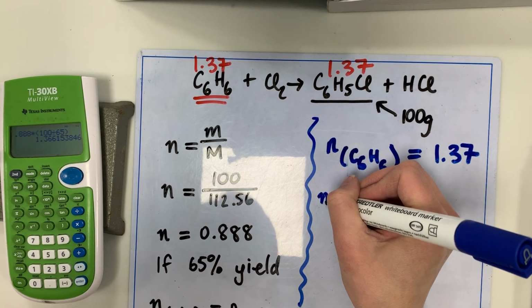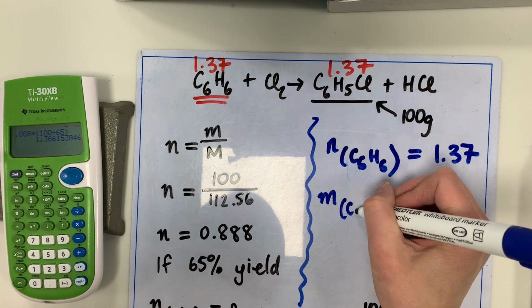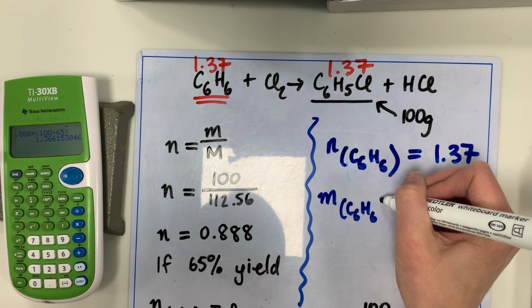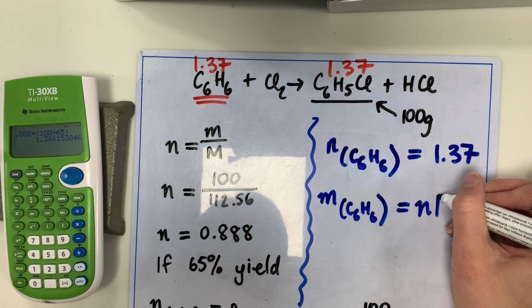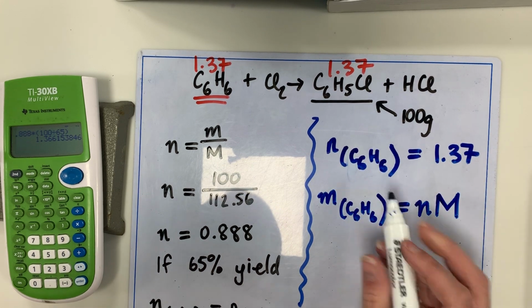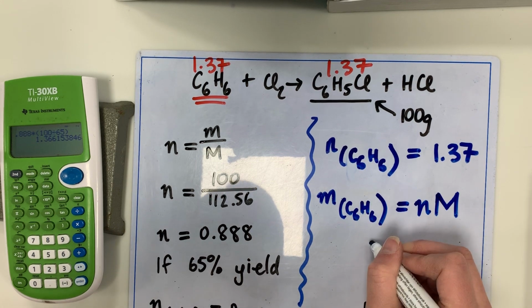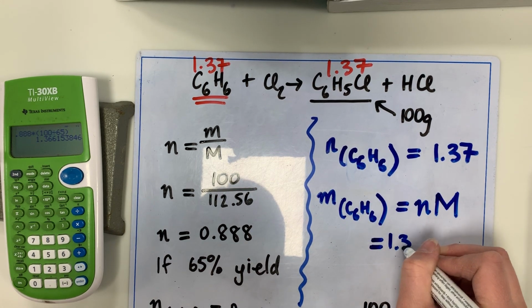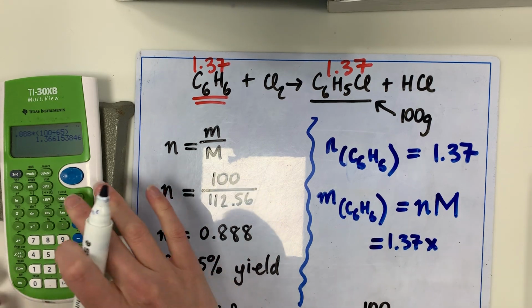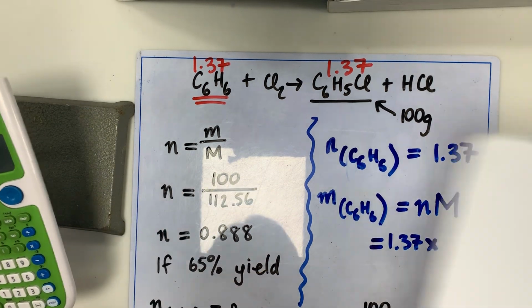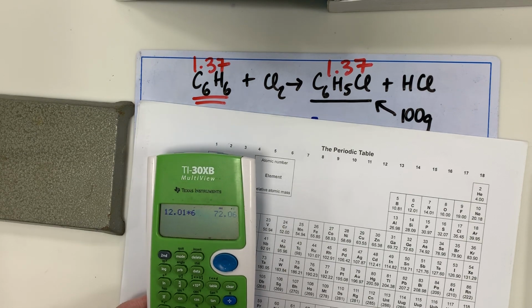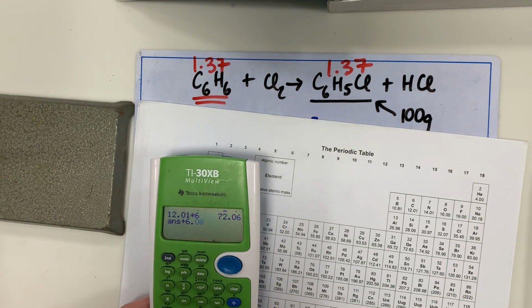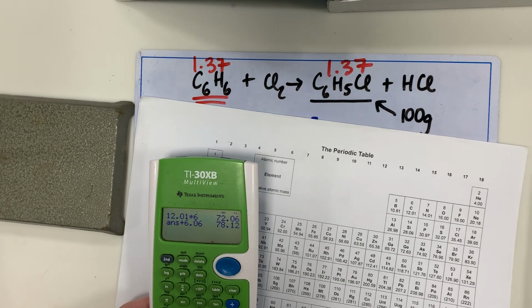And now our mass of benzene equals moles times molar mass. So that equals 1.37 multiplied by the molar mass of benzene, 6 carbons and 6 hydrogens, so 78.12.